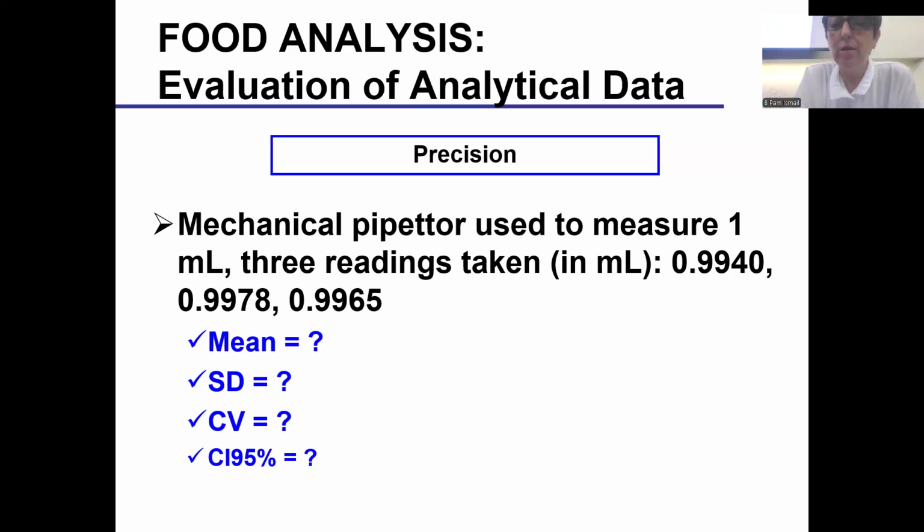Since we already know how to get the mean, what is your standard deviation? Anybody with a standard deviation? Not yet.